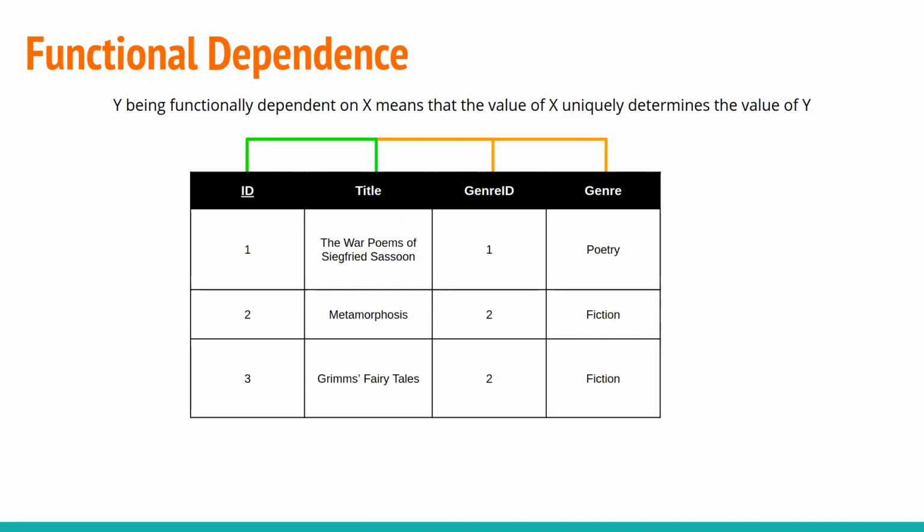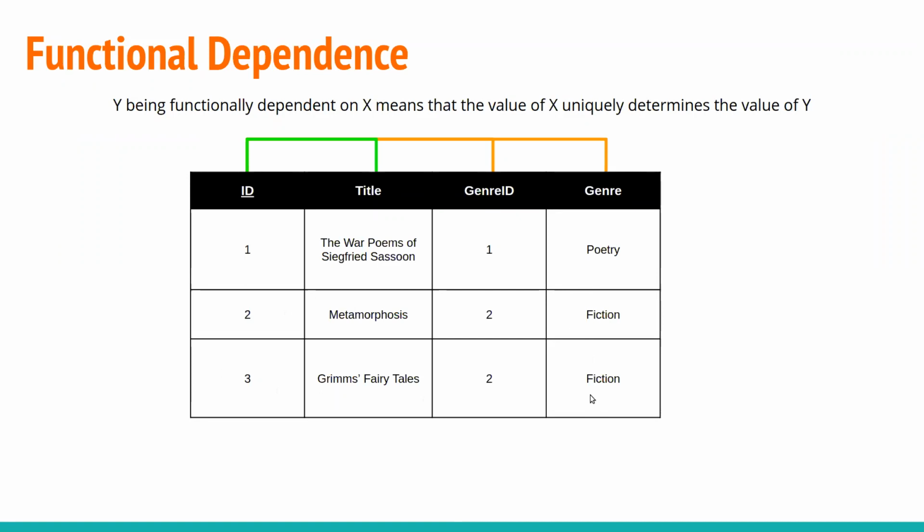The reason for that is because genre is not uniquely determined by ID. It is determined by ID, right? If the ID is 3, you can determine the genre is fiction, but it is not uniquely determined because ID 2 and ID 3 have a genre of fiction.